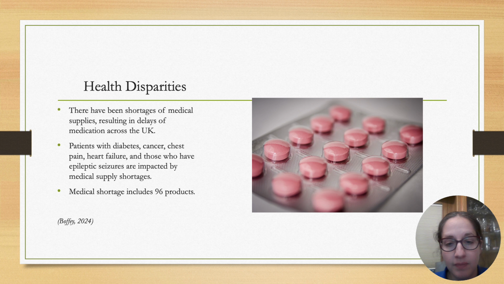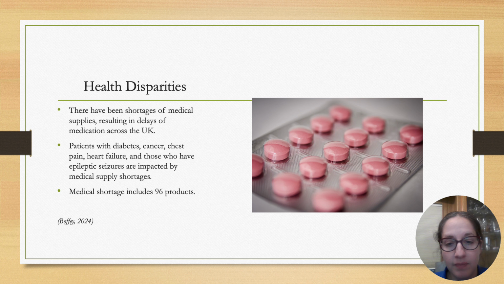And the current list of medical shortages are 96 products, according to BOFI. So we have a photo of pills or medicine to really bring up the importance of the impact of limited medical supplies and the health disparities that result from it.